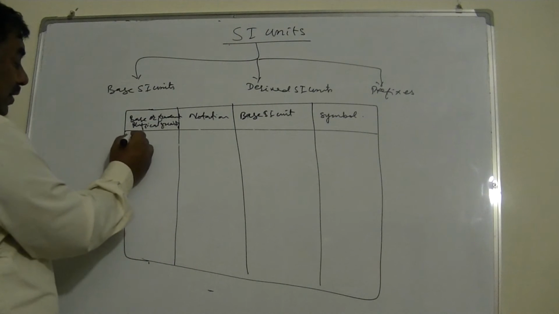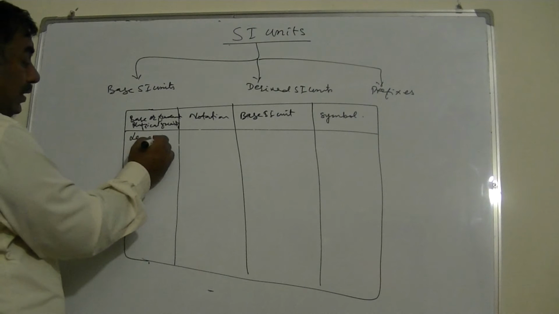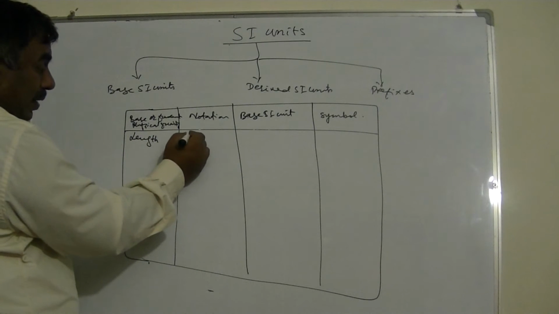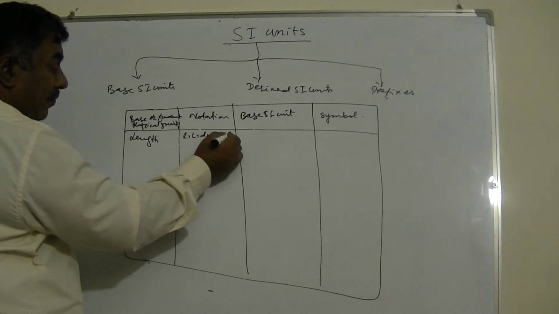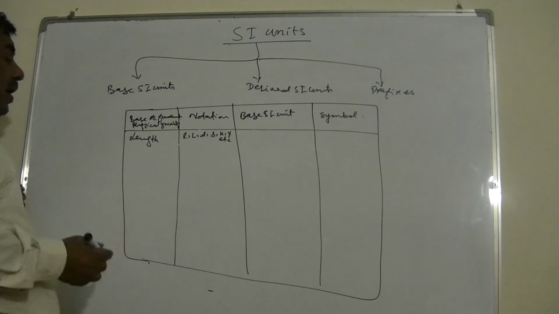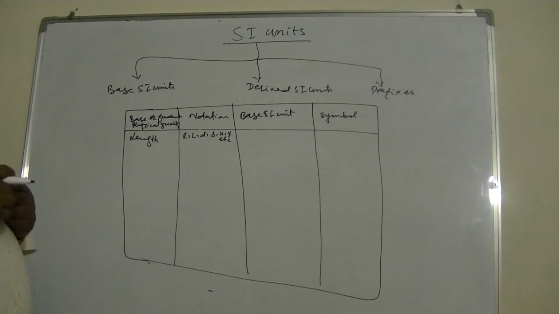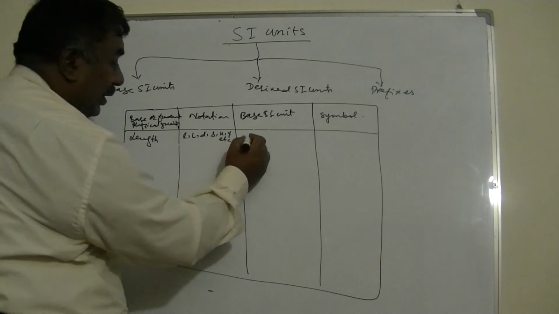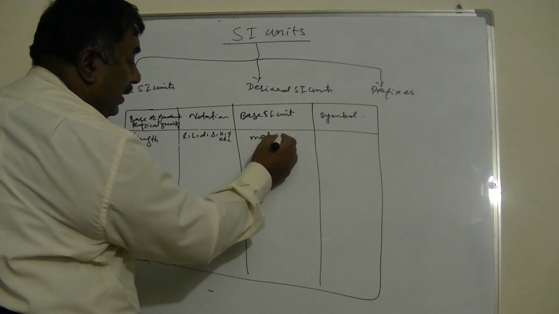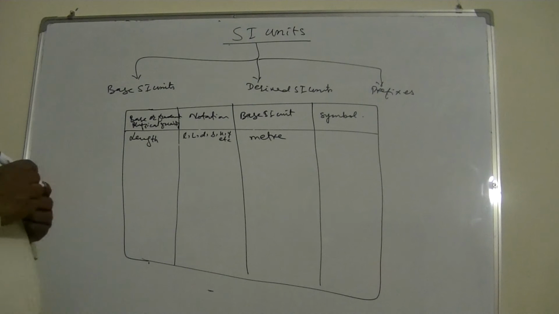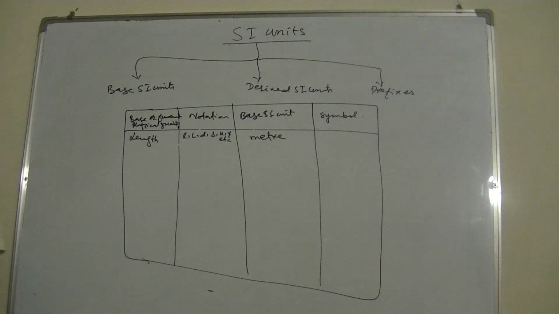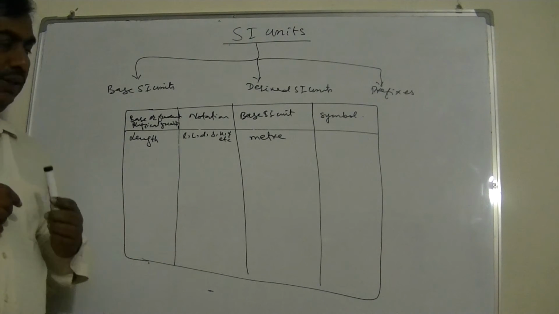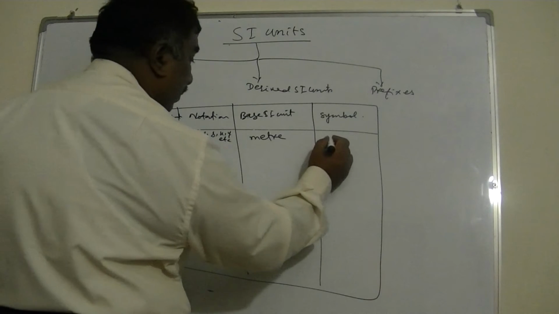First is length. Length is denoted by L, small l, capital L, D, S, X, Y, etc. So many other things denote length. Its base SI unit is metre. Its spelling is METRE because we are studying the UK syllabus. Cambridge or others accept the spelling METRE, and its symbol is m.